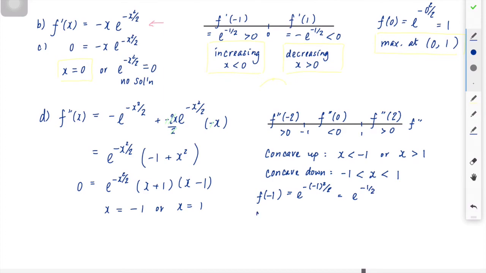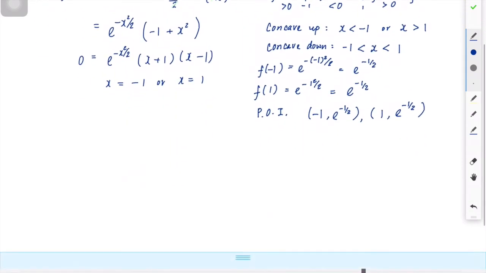And f of positive 1 is e to the power of negative 1 squared over 2, also the same thing. So the 2 points of inflection are (negative 1, e to the power of negative 1/2) and also (1, e to the power of negative 1/2).